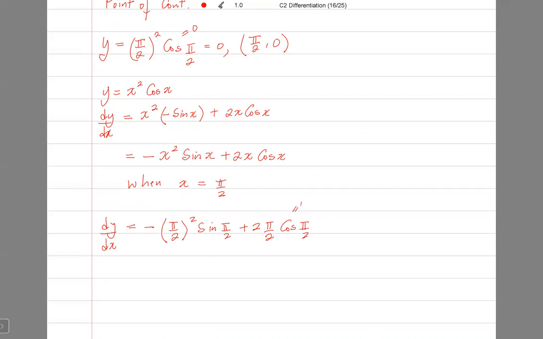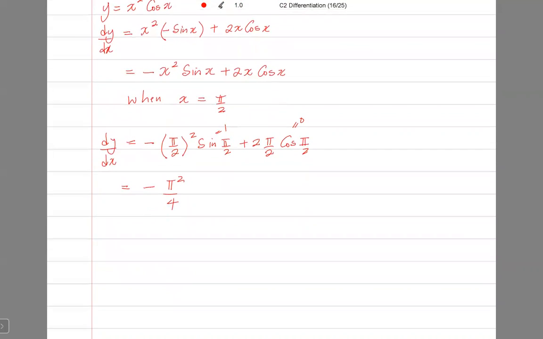The cosine of pi by 2 is 0, so this entire thing to the right goes. The sine of pi by 2 is 1. So what I have is minus pi squared over 4, which means that the gradient is minus pi squared over 4. So now I have both the point of contact and I have the gradient of the tangent.